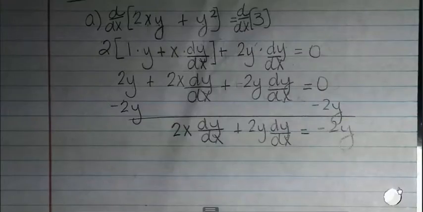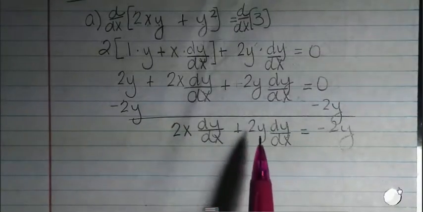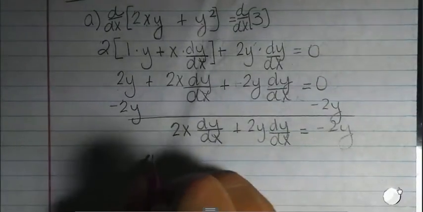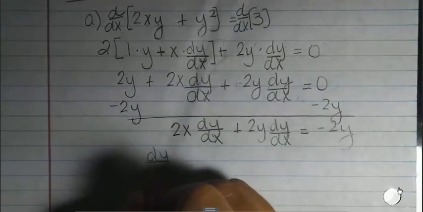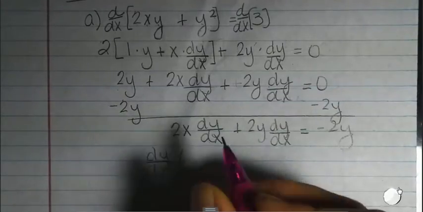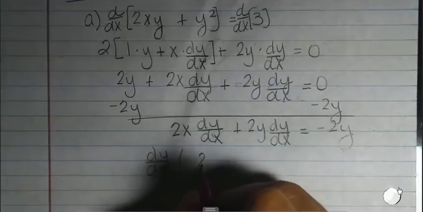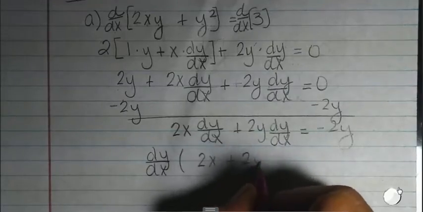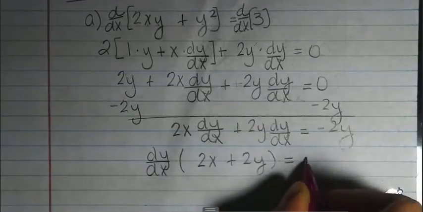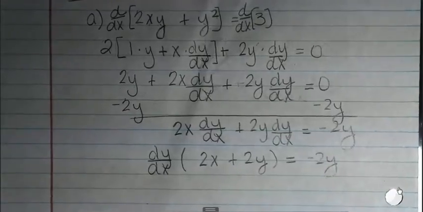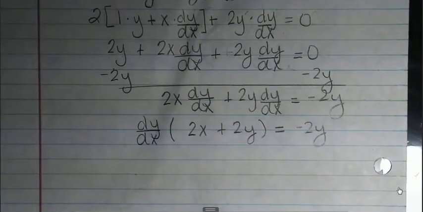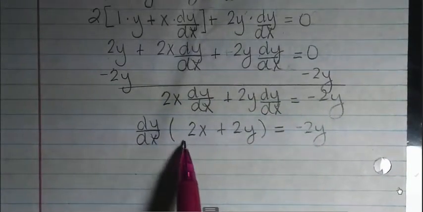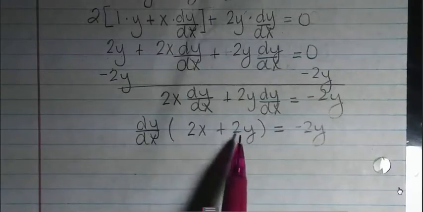And the best way to solve for something, if it's in both of your terms, is to factor it out. So I'll factor out a dy/dx, and then I'll be left with 2x plus 2y equals negative 2y. Getting dy/dx by itself, I'm going to have to divide both sides by 2x plus 2y.